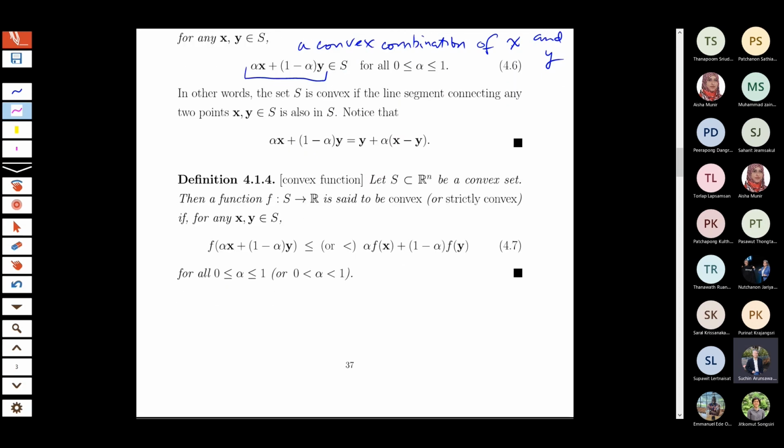Now we move to Definition 4.1.1, in which we define a convex function.